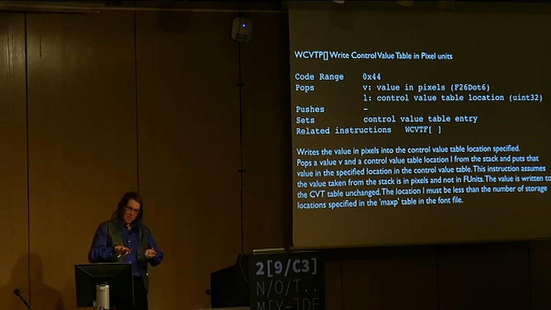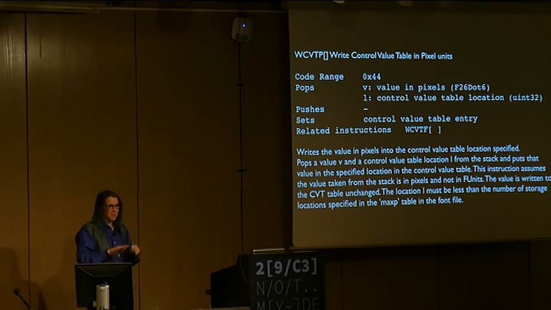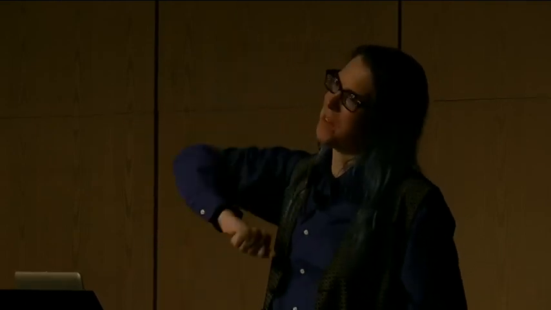So if you're a TrueType font program, your view of the universe is that you've got 4 data structures available to you. There's the stack, and all of the operators grab their arguments off the stack and put the results back on the stack. Then there's a storage array, where if you want to put something somewhere other than the stack, you stick it in this array at this offset.